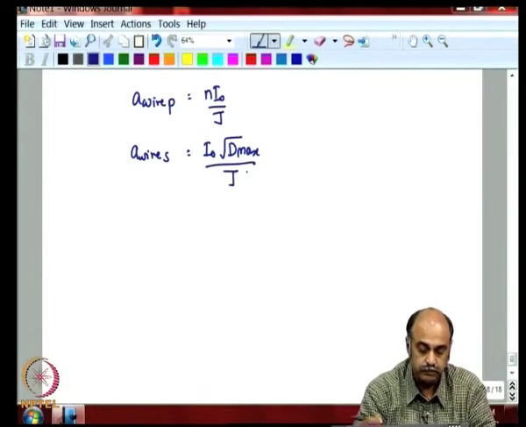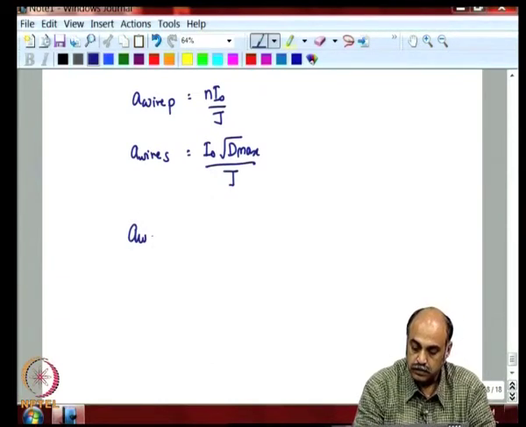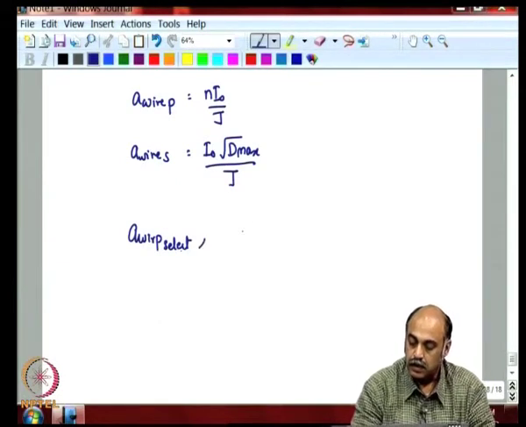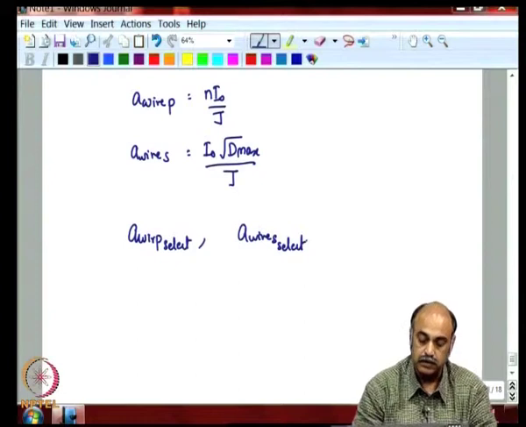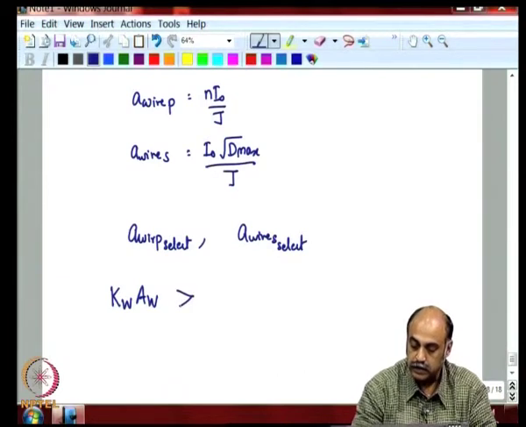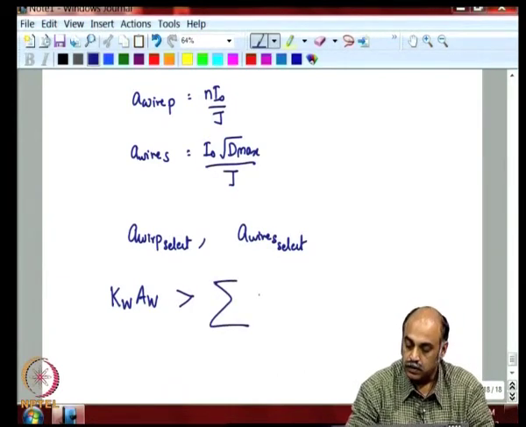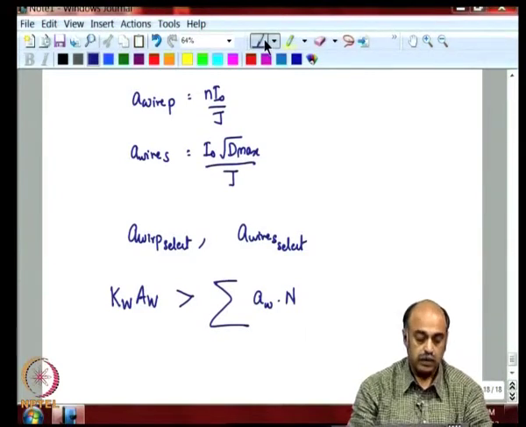So, this all comes from the DC-DC converter analysis itself, and then look into the wires table and you will land up with a wire primary selected and a wire secondary, and that is what you select, and check that kW AW is greater than sigma all of A wires into n, which would be satisfied.